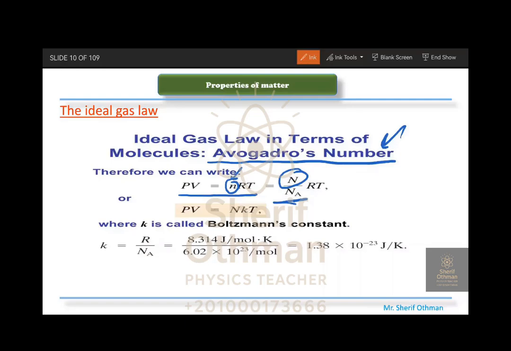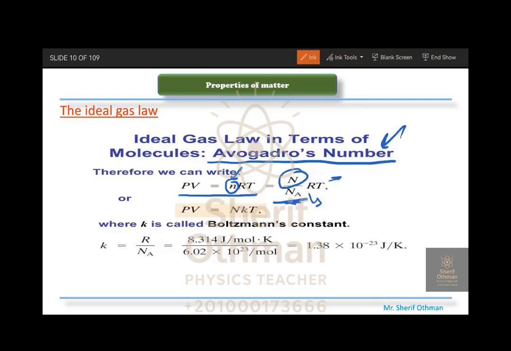The number of moles can be found by dividing the total number of particles by Avogadro's number. So the rule now will be N, the total number of particles, divided by Na, Avogadro's number, multiplied by the gas constant and temperature.